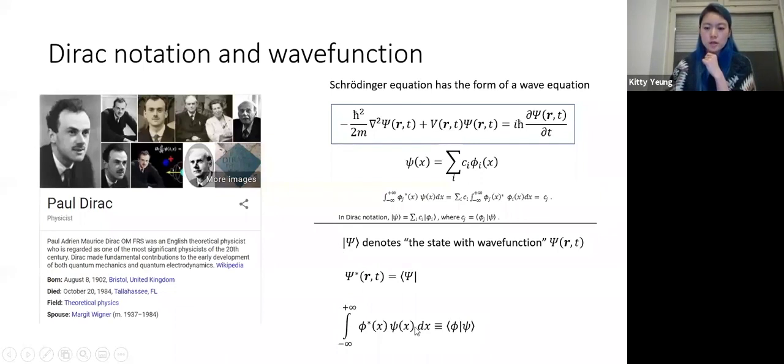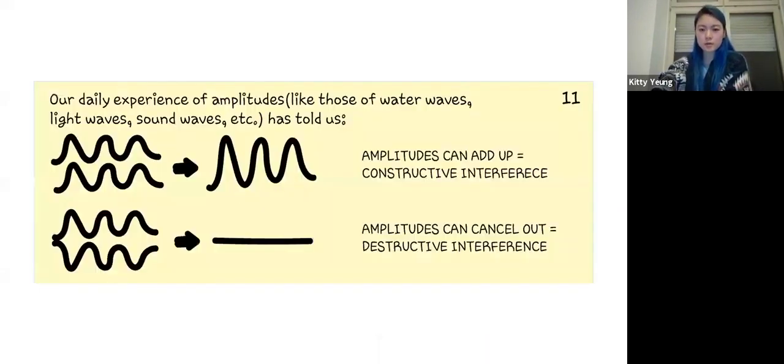This whole thing is called a bracket. The beginning one is called the bra, this one is called the ket. So together they mean an integral. So not so much of wave functions will be needed, but for people who learned the classical way of learning quantum mechanics, this is how they relate.